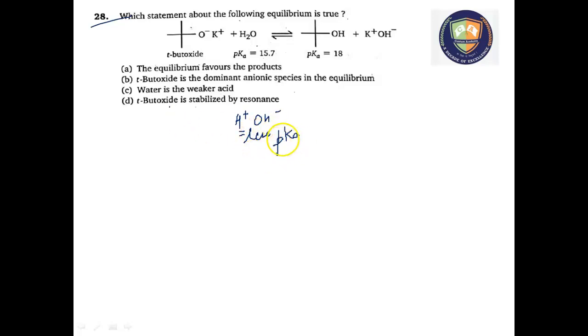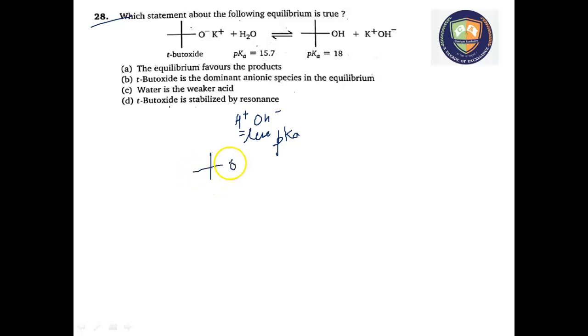So it will give this proton to tertiary butoxide. Tertiary butoxide behaves like a base here, accepting the proton from water. After accepting the H plus, we get tertiary butanol.